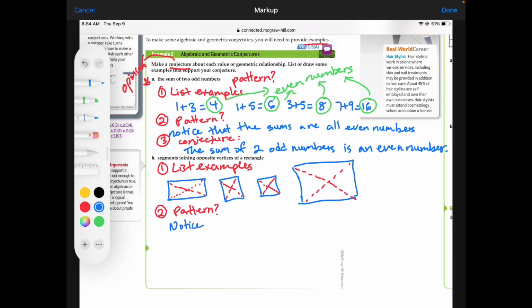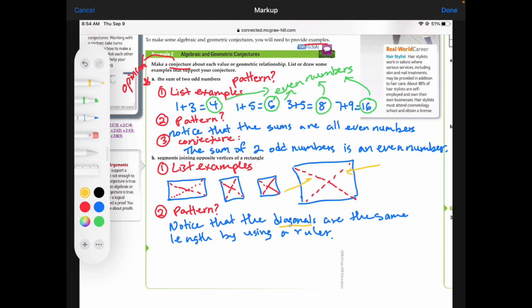So notice that the diagonals are the same length. We used a ruler. Diagonals are these lines going through the pictures, a line that connects the opposite vertices.